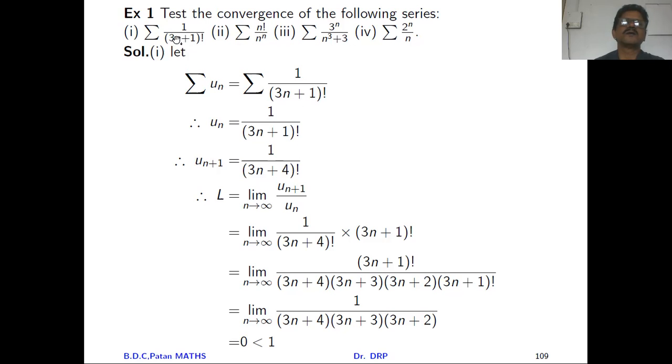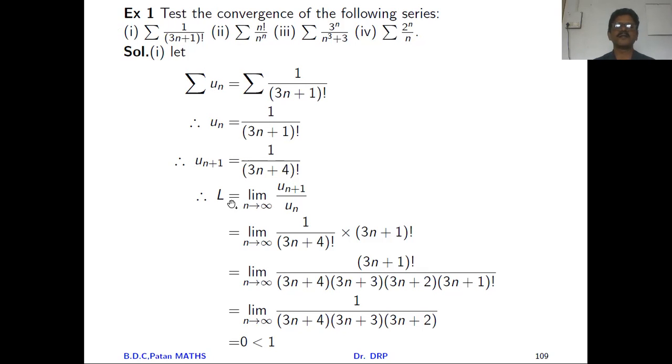First we denote summation 1 upon (3n plus 1) factorial by summation un. So un equals 1 upon (3n plus 1) factorial. Calculate un plus 1 by replacing n by n plus 1: there you will get 1 upon (3n plus 3 plus 1) factorial, that is (3n plus 4) factorial.